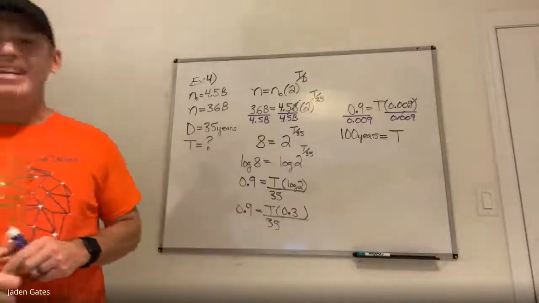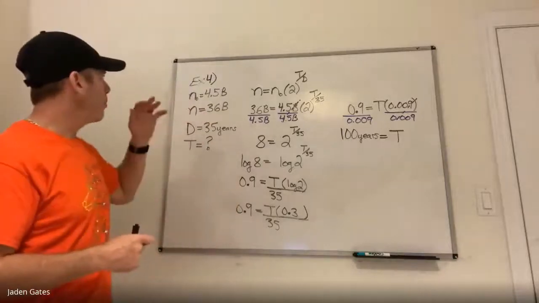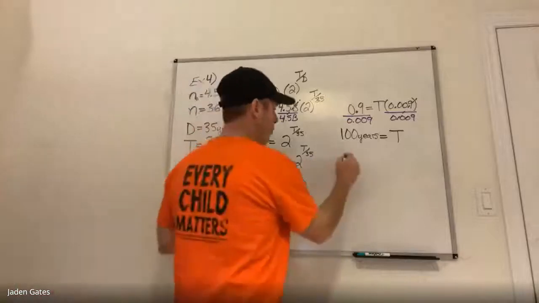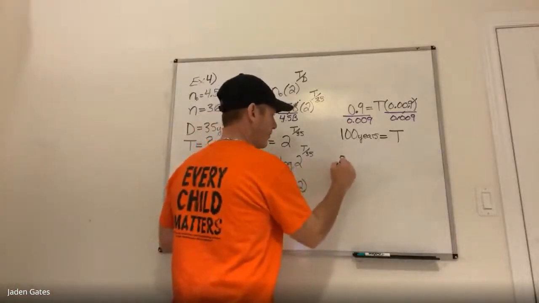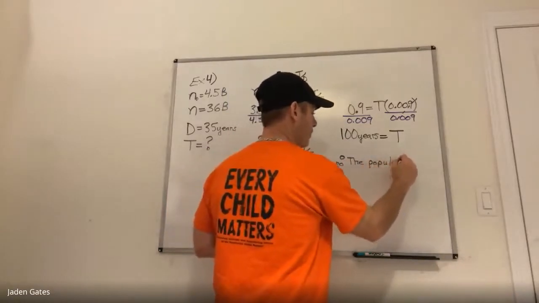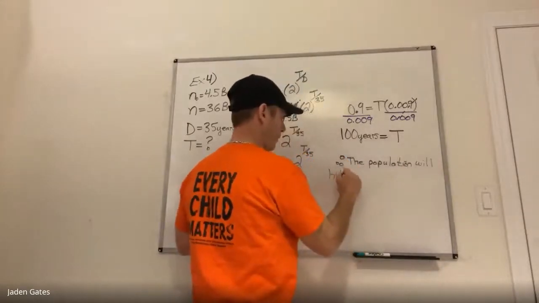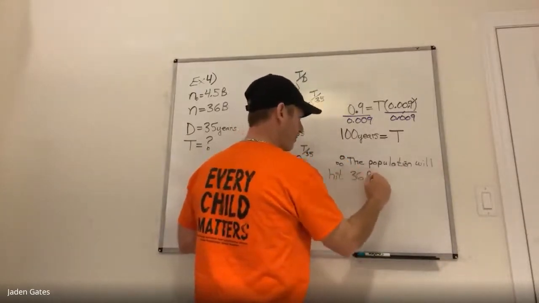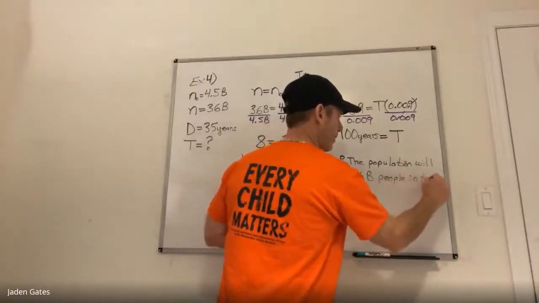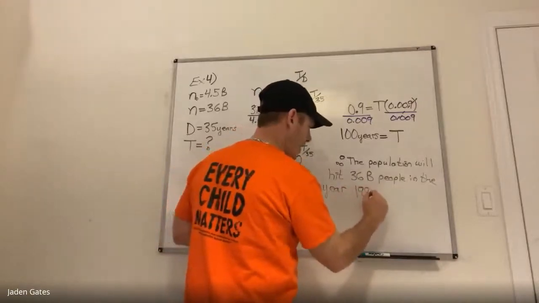It says, find the year in which the world population will be 36 billion. Our starting point of 4.5 billion was in 1980. And so, therefore, the population of the world will hit 36 billion people in the year, let's see, we started off in 1980.